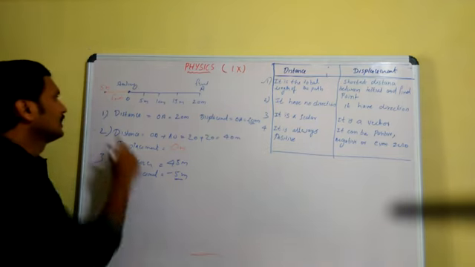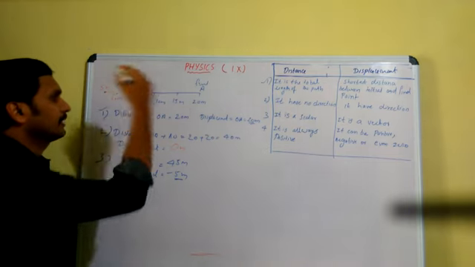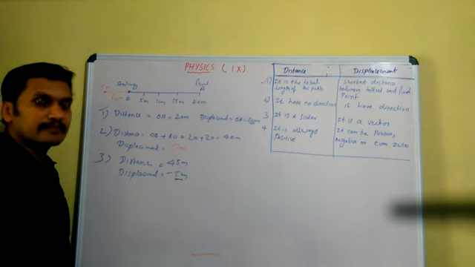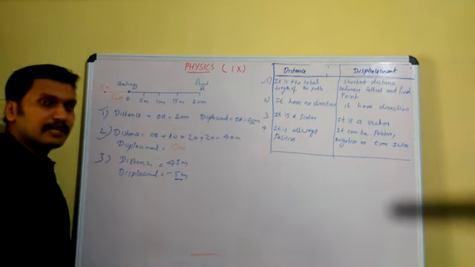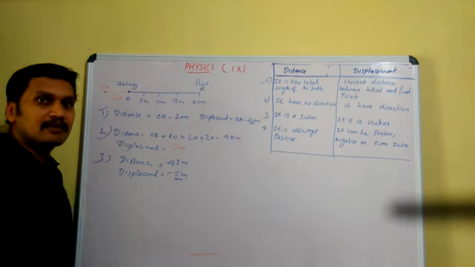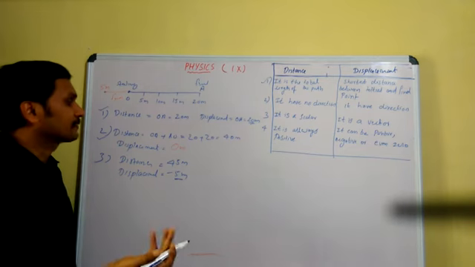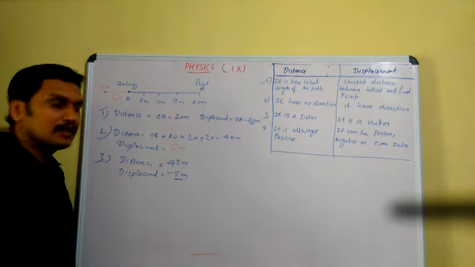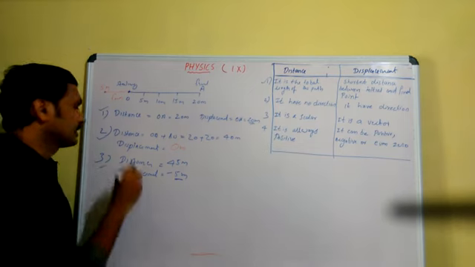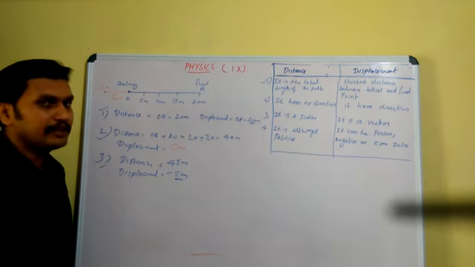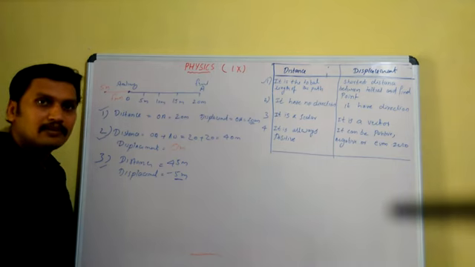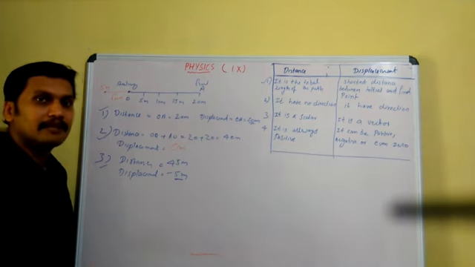In some situations distance can be equal to displacement. In some situations distance is not equal to 0 and displacement can be 0. And in some other situations the displacement can be negative. So displacement can be a positive value, a negative value, or even 0.